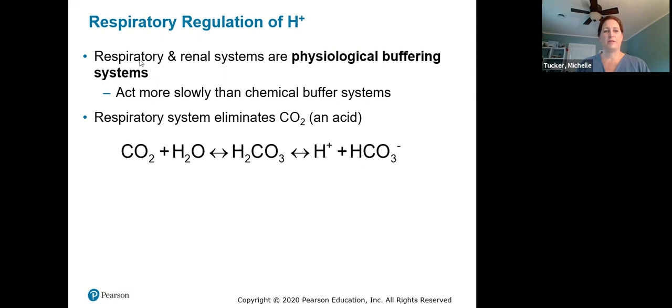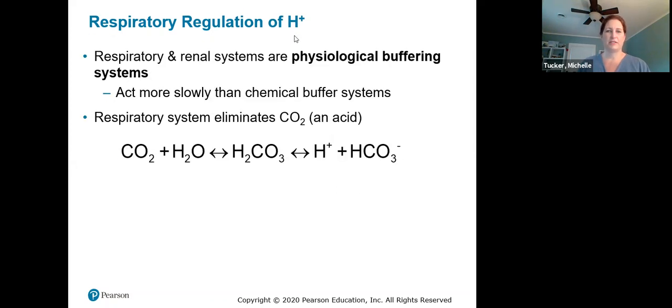But the thing about these physiological buffering systems, respiratory and renal, is they can actually excrete acidic products. Or in the case of bicarbonate, if you got alkalotic, you can excrete bicarbonate as well. So these can actually change the concentration of hydrogen and the concentration of bicarbonate.